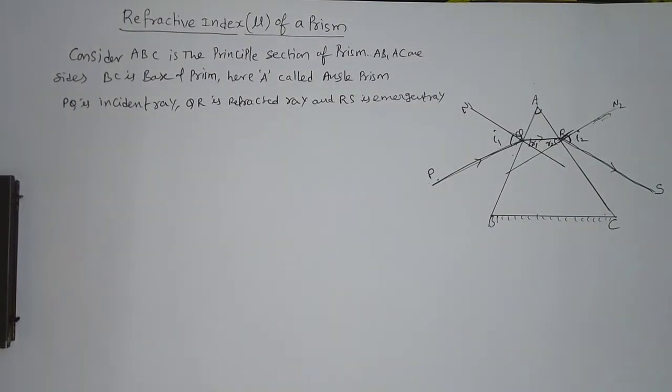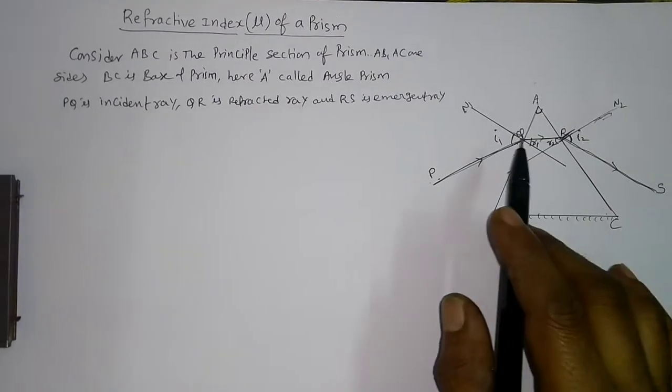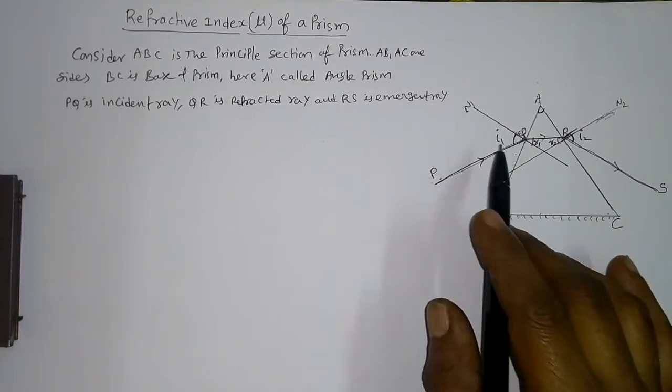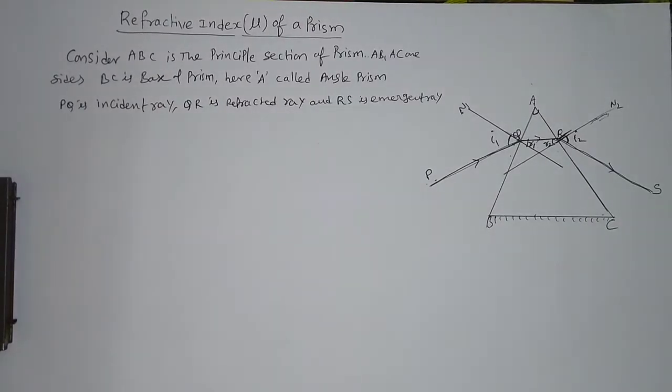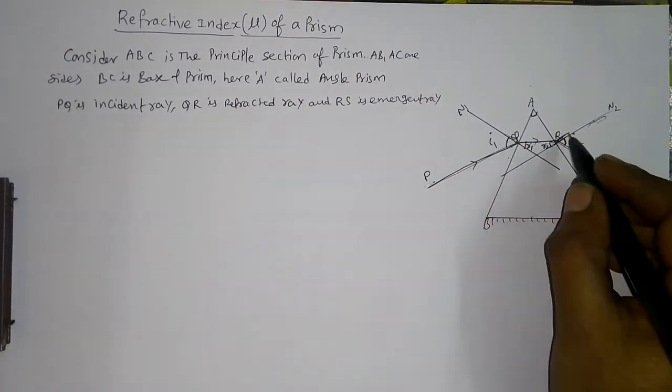Here I am getting two angles, I1 the angle of incidence and I2 the angle of emergence, and R1 and R2 are the angles of refraction. Got it? Now PQRS is the ray.